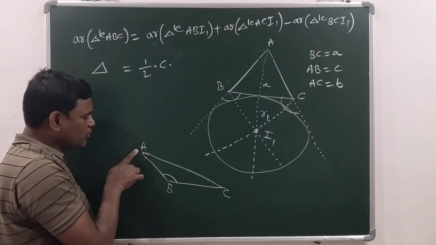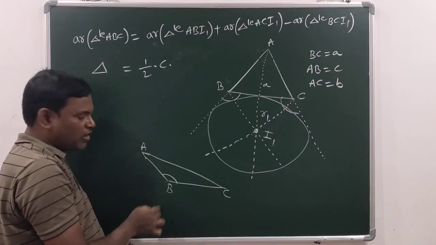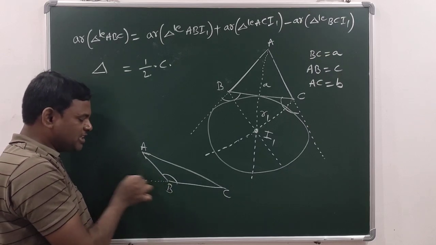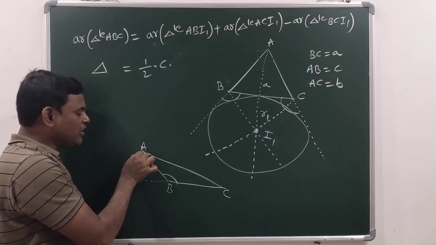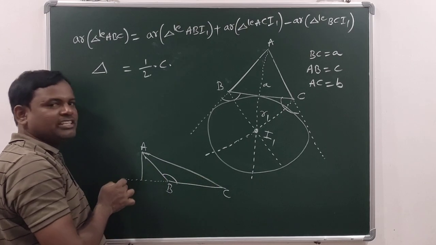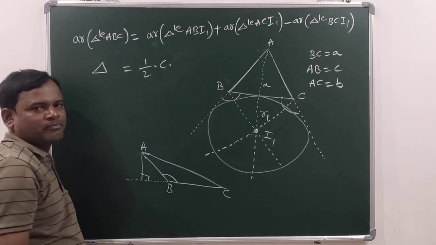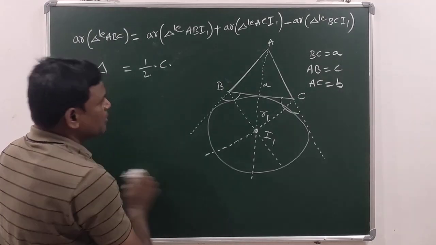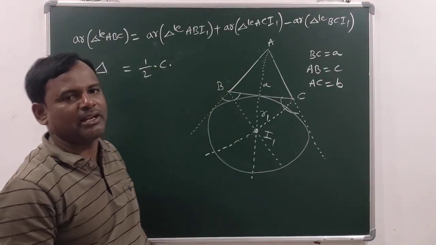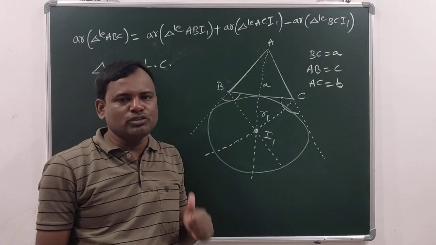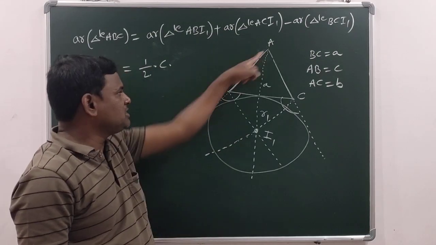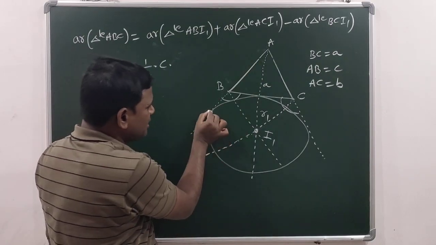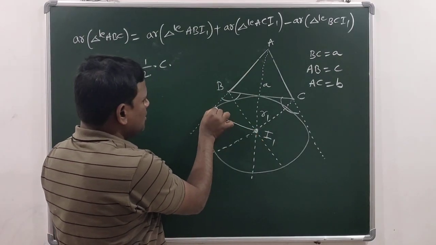To draw an altitude from vertex A to BC, we have to extend this BC, and after extending this BC, we have to draw an altitude from A to this extension of BC. We will get it outside. You know this. So in the same manner, observe the ABI1 triangle. That is an obtuse angle triangle, so for this triangle, we get an altitude outside of this triangle, that is R1 only.